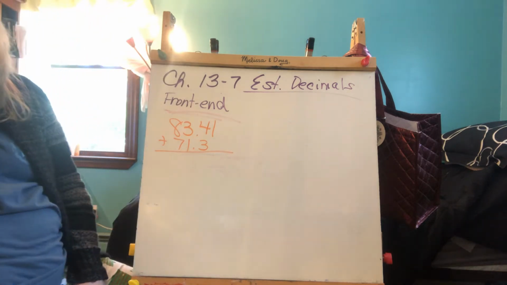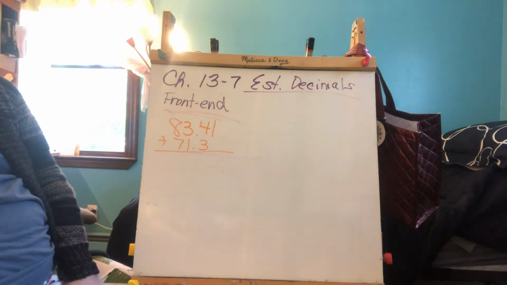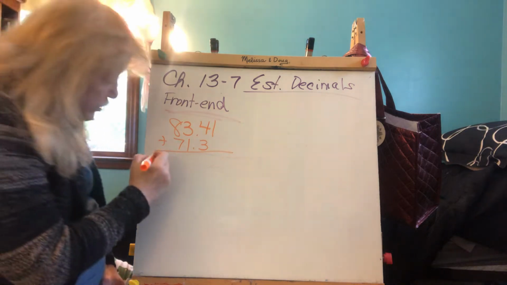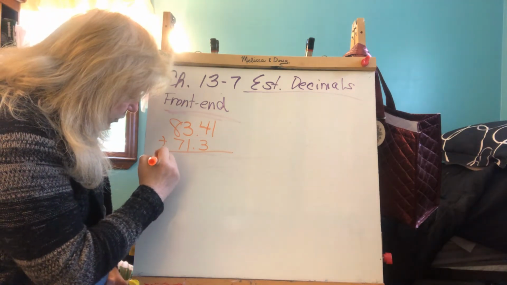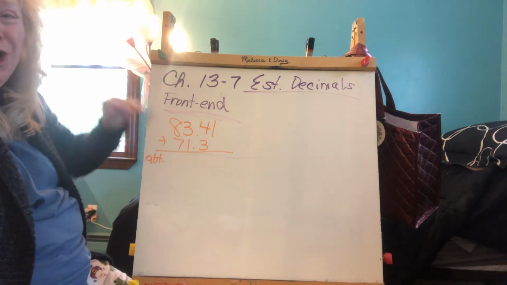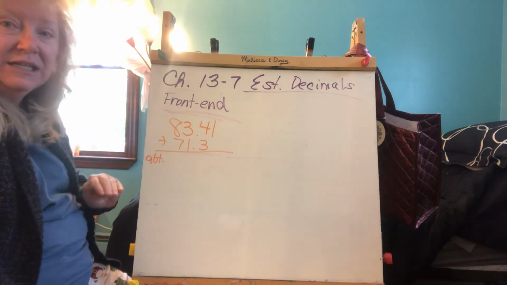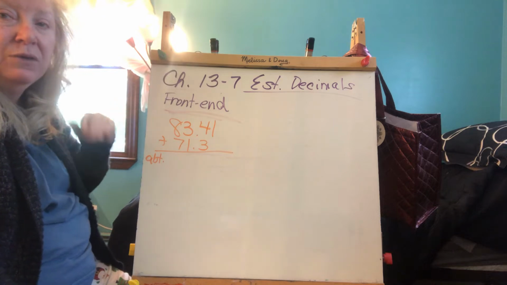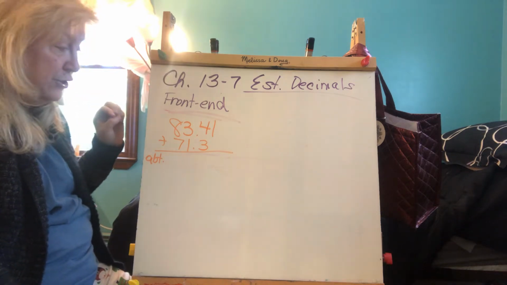I always tell you that when you're going to do an estimation, you should first put the word about in your answer, or you could abbreviate it ABT, so that the person knows you don't think this is the exact answer. This is an estimate, an about answer, an approximation.